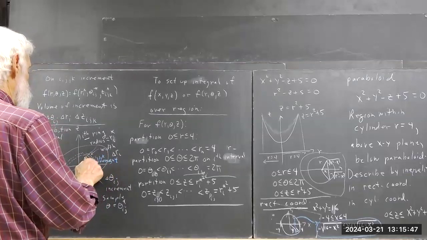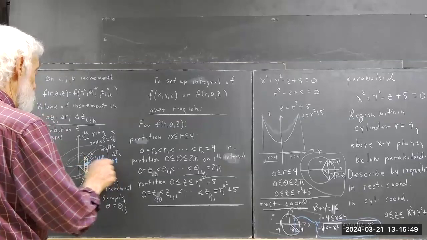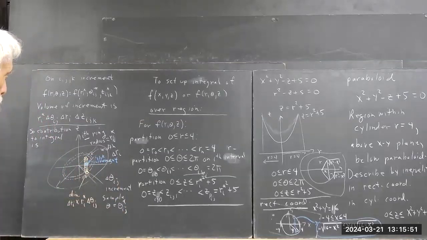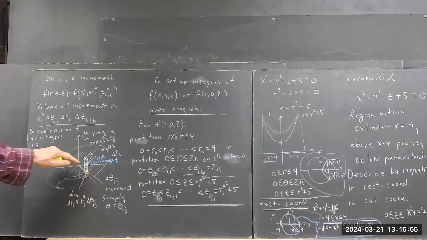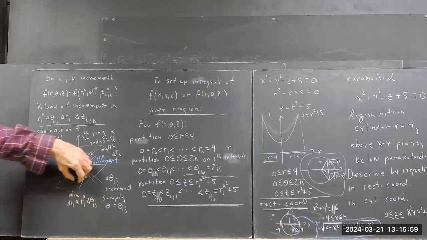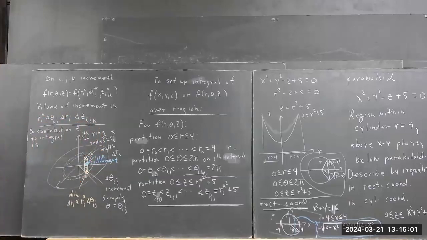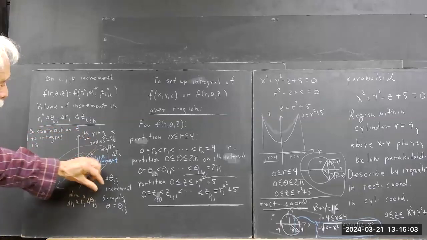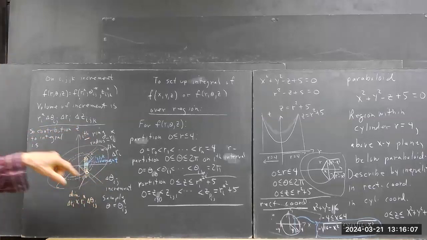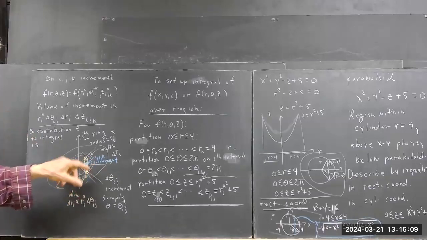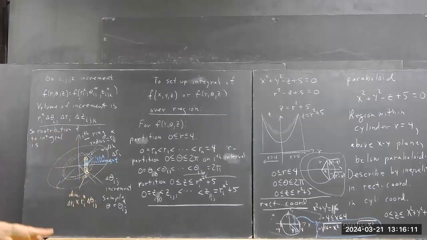That's what this says in blue, IJK increment. You might have trouble reading it from anywhere, just need to know that. We selected our ith ring for R, an IJ increment for theta, and an IJK increment for Z.